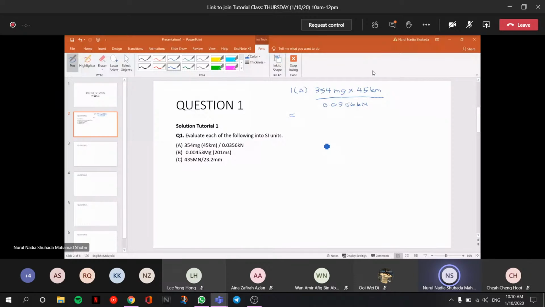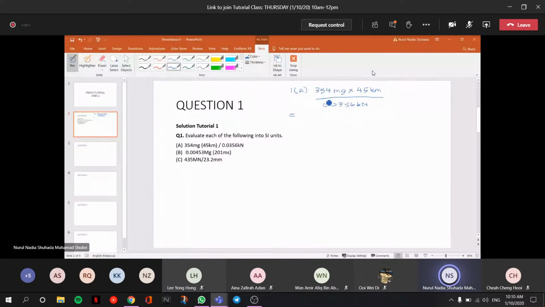Okay. So for question number 1, as you may see here, the question states that 354 milligram times 45 kilometer divided by 0.0356 kilonewton. That means you guys have to change the units here into SI units. For SI units, they are kilogram, meter, and also newton.